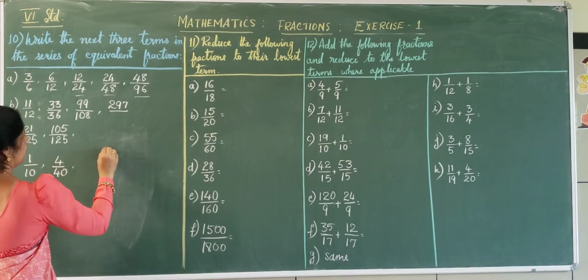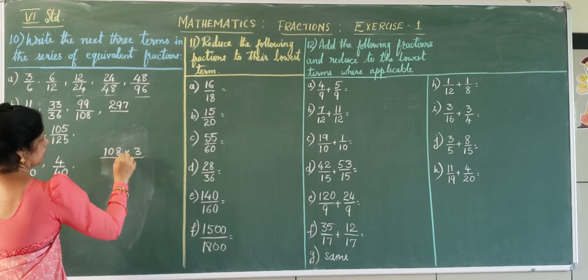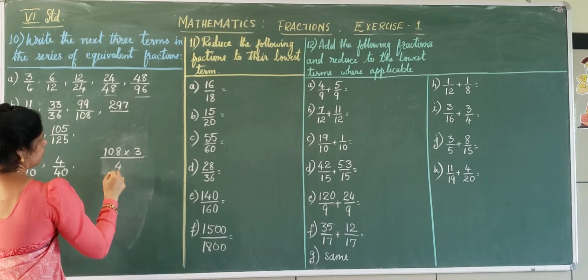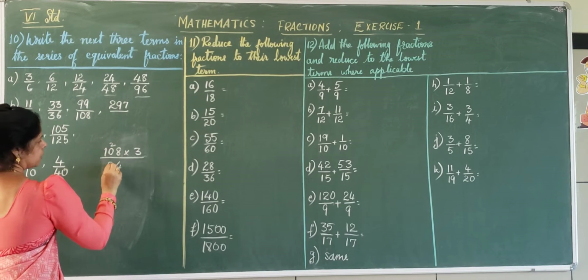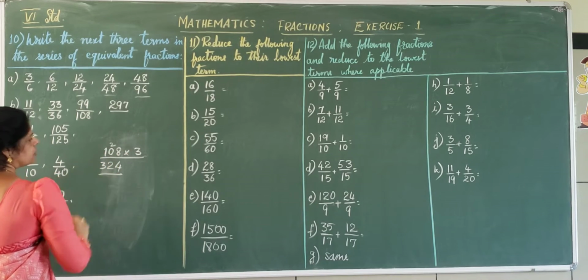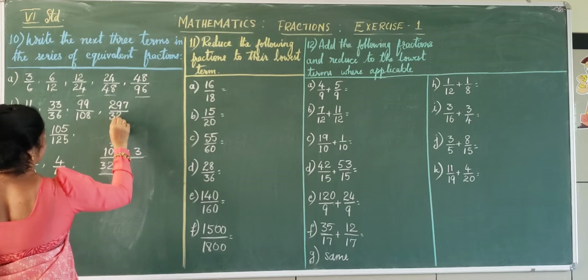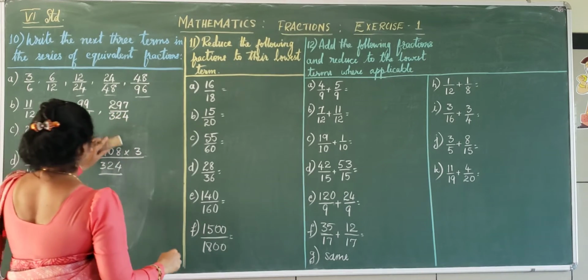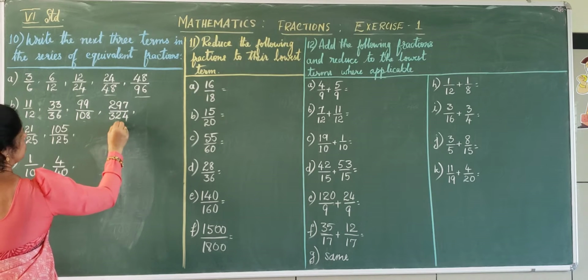Yes, 108 into 3. 3 8s are 24. Carry 2. 3 zeros are 0. 0 plus 2 is 2. 3 1s are 3. So it is 324. So now one term is over, the second term is over.